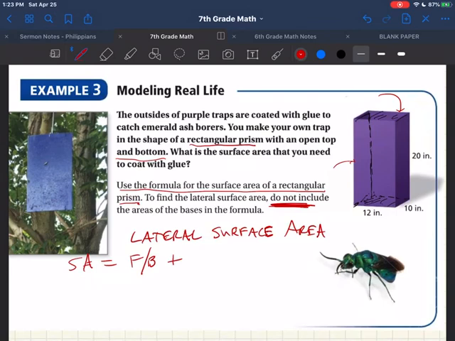plus, so the front and the back will be times 2, so it's going to be basically length times width times 2, right? We're also going to need to know these sides. So this side, let's do a different color. Okay, so we're going to need to know this side and kind of this side over here, right? So we have this and this.